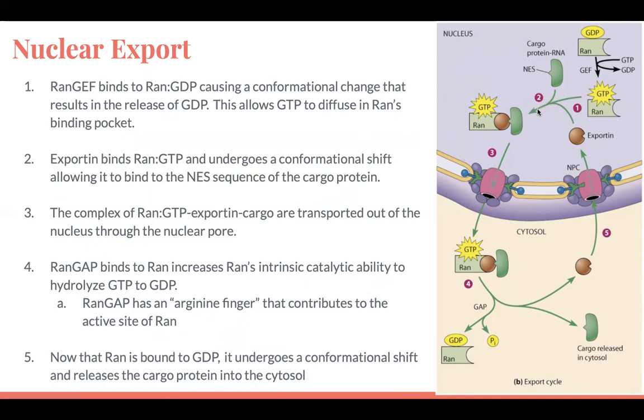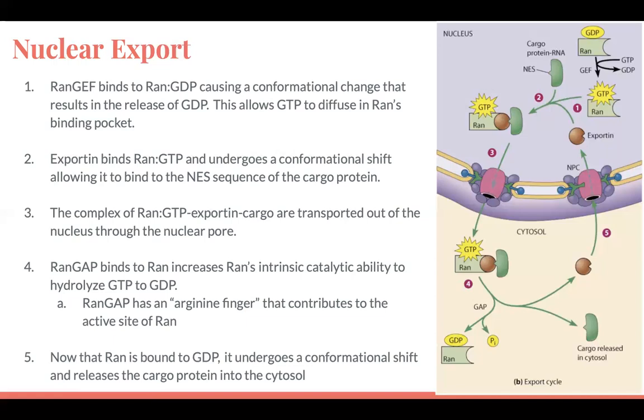Once this complex is together, for step 3, it is transported out of the nucleus through the nuclear pore. Then step 4, RAN-GAP binds to RAN, which increases RAN's intrinsic catalytic ability to hydrolyze GTP to GDP. It does this because RAN-GAP has an arginine finger, an arginine amino group, and it stimulates the active site of RAN.